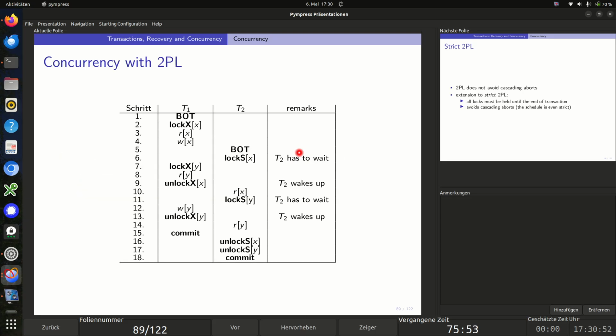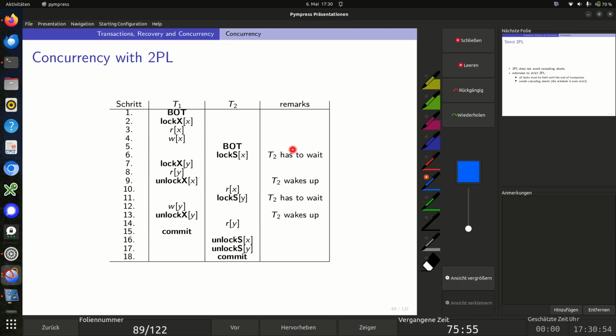This would be concurrency which adheres to two-phase locking. But now everything must happen at the same time. The first thing that changes is that both unlocks must happen at the same time as the commit. This means the write must happen beforehand, so we would have the write here and not the unlock.